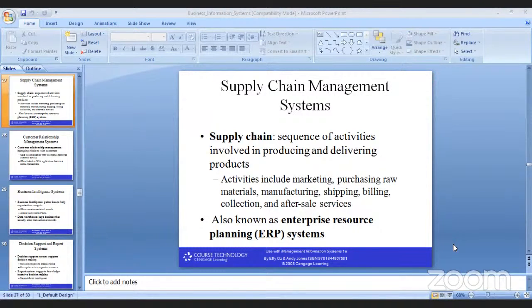Supply chain management not only focuses on production or delivery, but also different activities like billing, collection, shipping, then processing of the raw materials. So the supply chain is a set of activities used to perform the marketing, how to analyze the market.